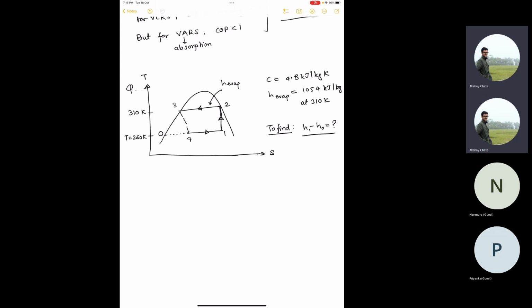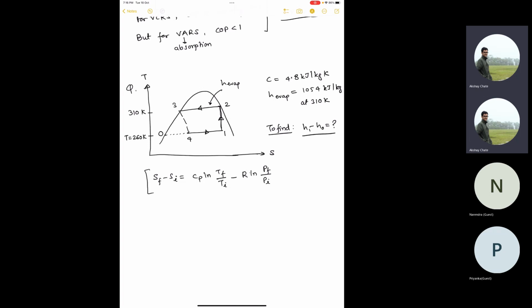Now the way it is solved is, you apply the entropy change expression, right? Let's say S final minus S initial is Cp ln T final by T initial minus R ln P final by P initial, right?